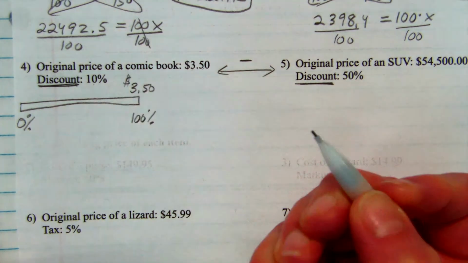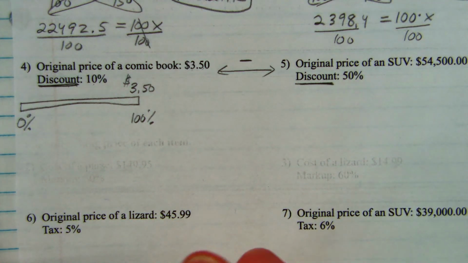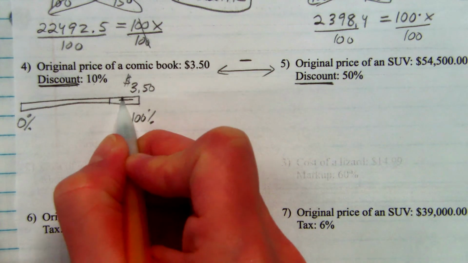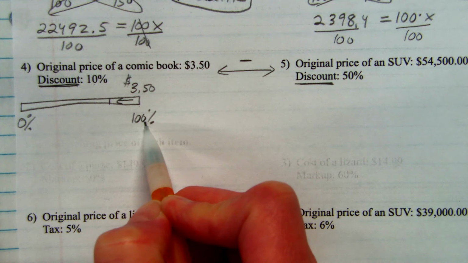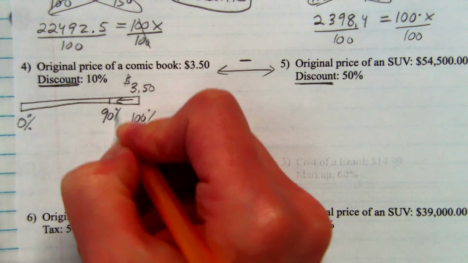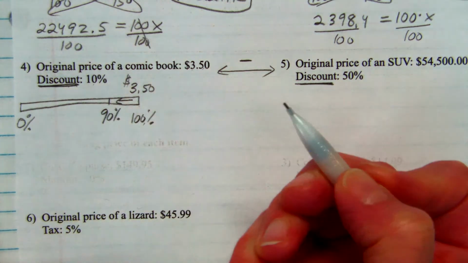That's the original price. A discount is going to subtract 10%. So I'm going to go back 10% this way. So if I'm going back 10% from 100%, where would I be, Silas? 90%. So what I did from here to here is I subtracted 10% because I'm going backwards.